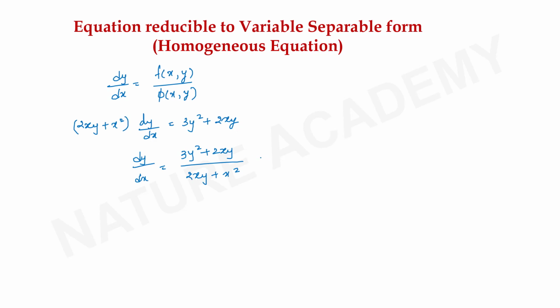Here note that the degree is the same for each term, because for 3y square the degree is 2, the power for y is 2. Here together x is 1 and y is 1. Together the degree is 2. Again here also together the degree is 2, and for x square the degree is 2. That means for each term the degree is 2. Therefore this type of equation, which is of the form f of x y by phi of x y and the degree of each term is the same, is called a homogeneous differential equation.